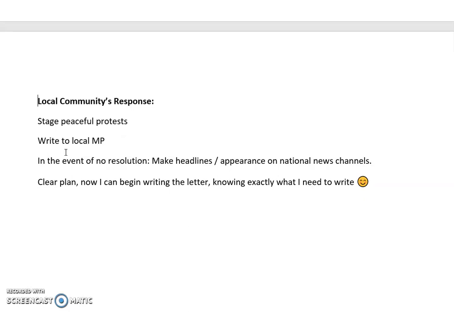We're also going to write to the local MP. MP is Member of Parliament. We're going to write to the local MP and again voice our objection. This is another way that our local community is going to respond to the creation of a new airport.